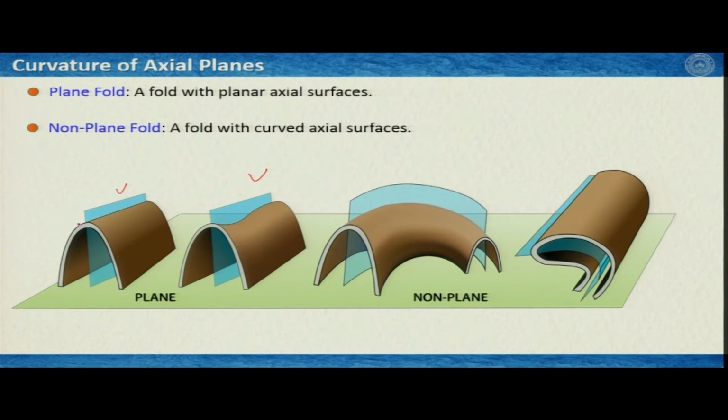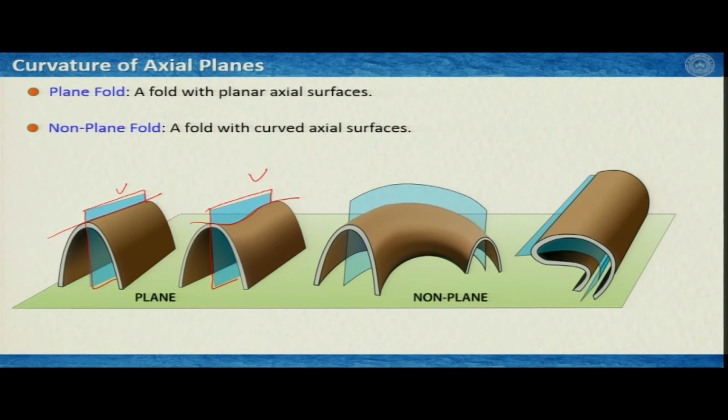We have learnt in the previous slide that this is a cylindrical fold and this one is a non-cylindrical fold. In both cases, the axial surface or axial plane, this blue plane, is straight. So, these are plane folds, and it is indifferent whether the fold axis is straight or curved, or in other words, whether the fold is cylindrical or non-cylindrical.